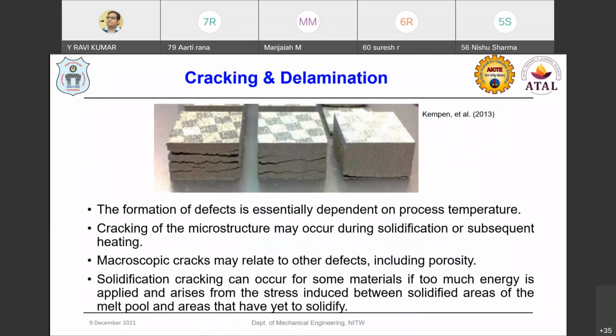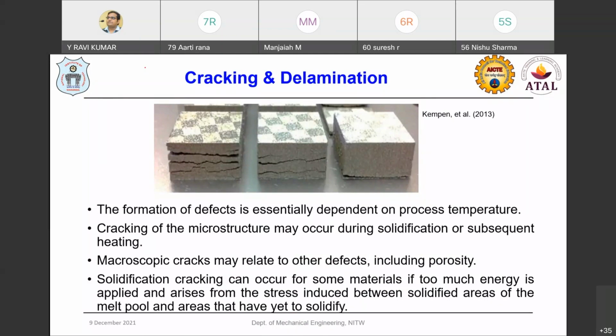All these play a major role in part fabrication. The other challenges are cracking and delamination. These kinds of defects essentially depend on the process temperature, because continuous repetitive cooling and heating takes place. That's why temperature accumulation takes place throughout the build platform area. That temperature is going to affect these types of cracking or delamination. That's why cracking of the microstructure may occur during solidification and because of the subsequent heating.